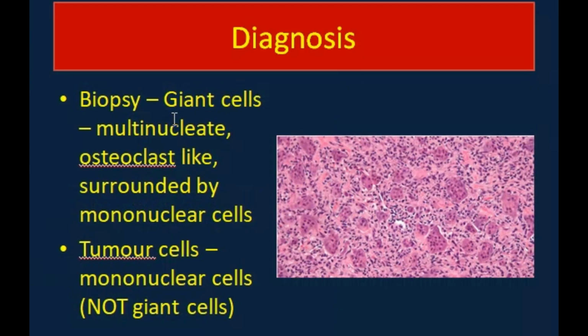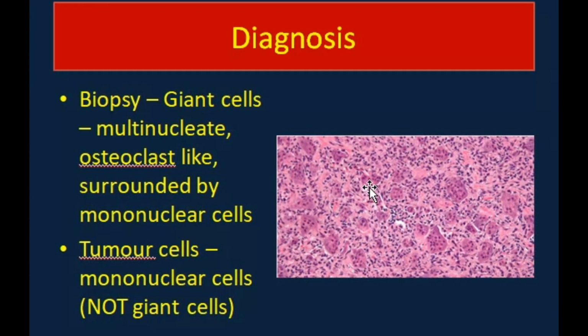If we take a biopsy, pathologically, if we look at the tumor, there will be giant cells. If you can see here, these are the giant cells. Now, giant cells, we know from pathology that they are multinucleate cells. Okay, so giant cells are usually multinucleate, multiple nuclei are present in giant cells, and the cells in the bone which have these multiple nuclei are called osteoclasts. So these giant cells will look like osteoclasts, so they will be multinucleate osteoclast-like giant cells in the tumor, and these cells will be surrounded by these little mononuclear cells.